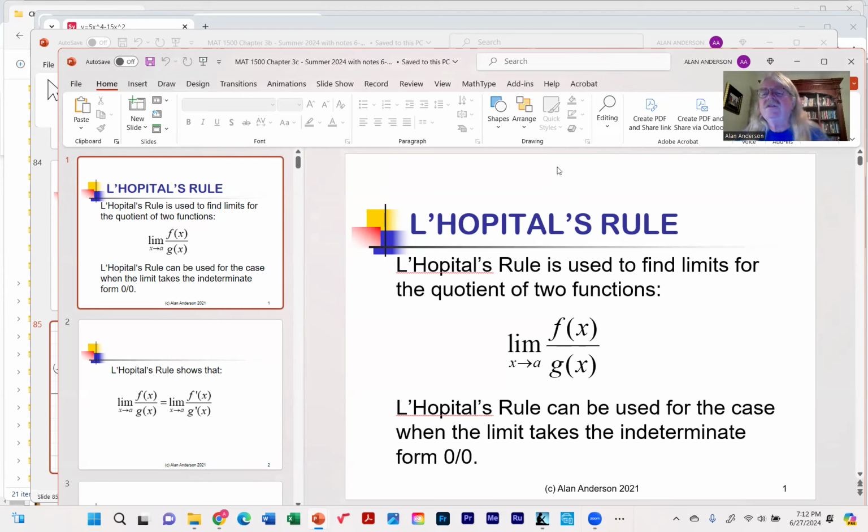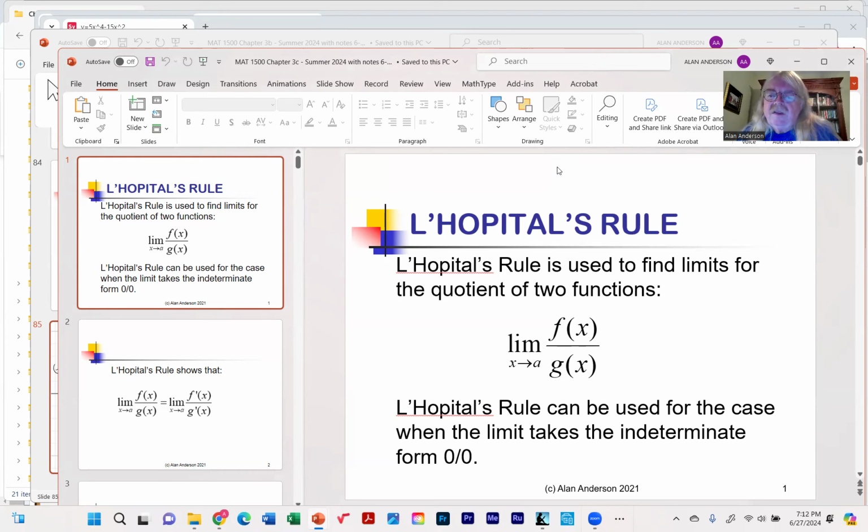Not every one of them, but there are rules that can help us with these oddball situations that arise from time to time. Like this one, for example, I've got the quotient of two functions, and I want to know the limit as x goes to a.